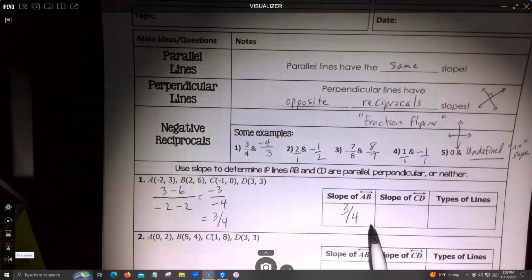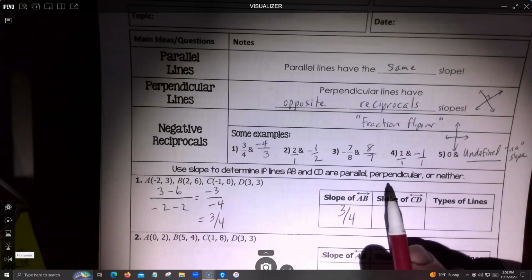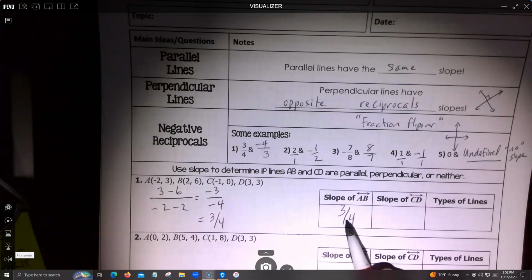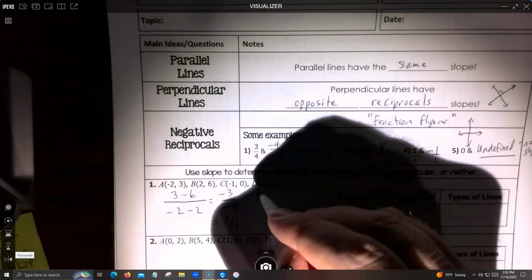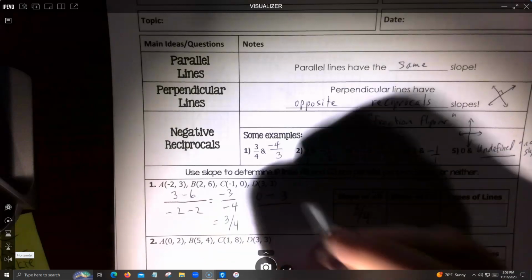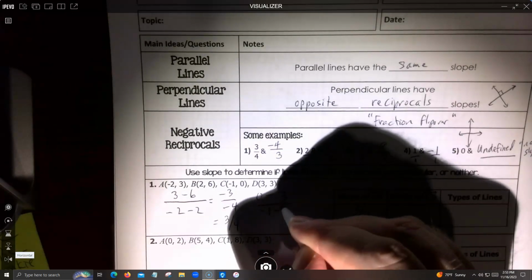Now, if CD is parallel to AB, this should come out to be 3/4. If it's perpendicular, it'll be -4/3. And if I get anything else other than those two, then I'm going to put down neither. All right, so CD: 0 minus 3, and then -1 minus 3.